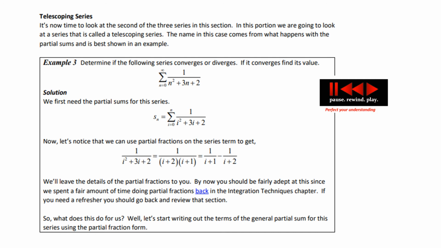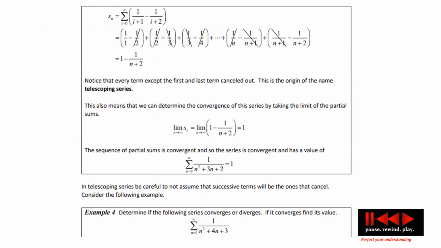Okay, but how did that help us? Well, let's see. I can replace this by its partial fraction decomposition, certainly, and then I'm going to write out the terms and see what happens. When i is equal to 0, it is 1 over 1 minus 1/2.